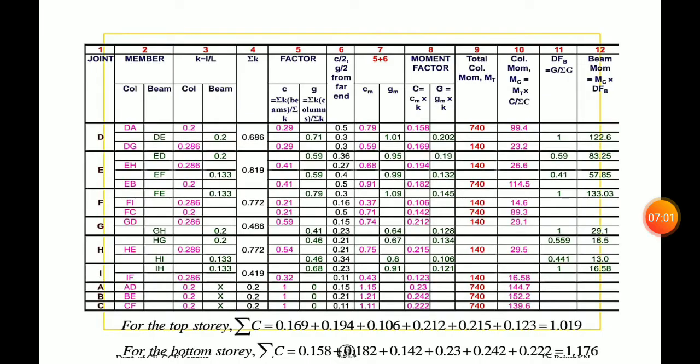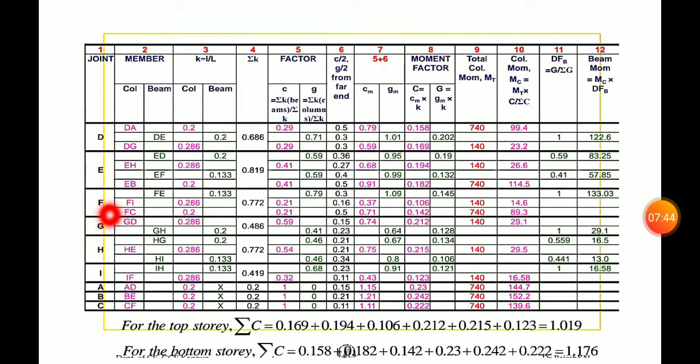Now moving to the next step, this is the table we are going to make, and the whole factor method will be covered in this table. First we take the joints D, E, F, G, H, I, A, B, C, and then the column members. At joint D there are two columns, DA and DG. At joint E there are two columns, EH and EB.